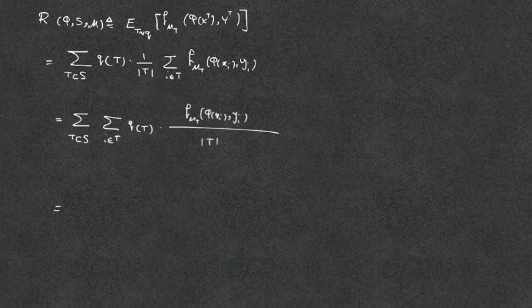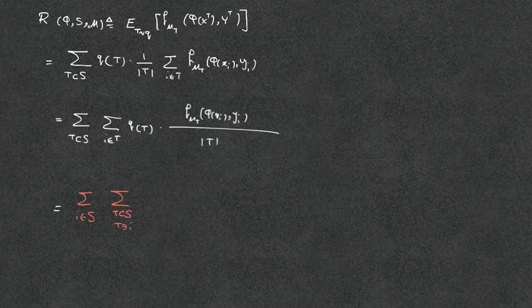Now they want to write it as for each item in S, and this time selecting T's such that these T's contain I. And now look at these aggregate contributions.